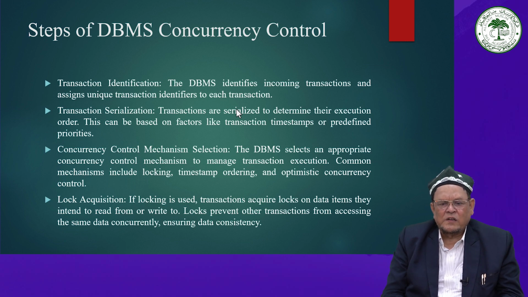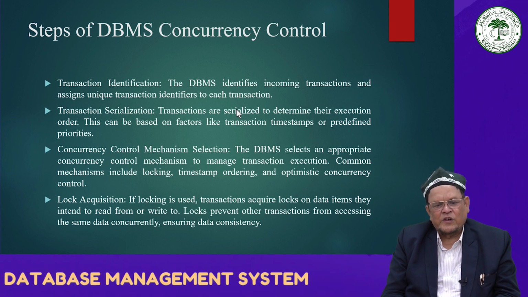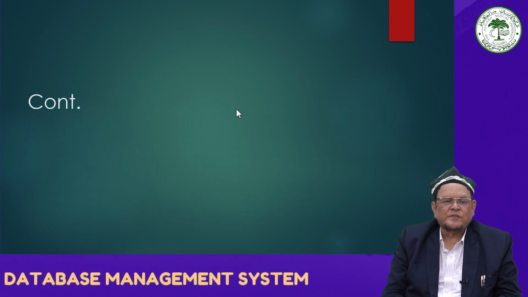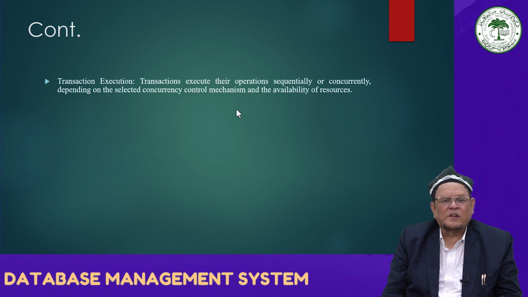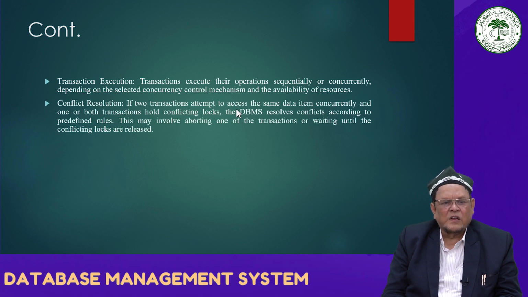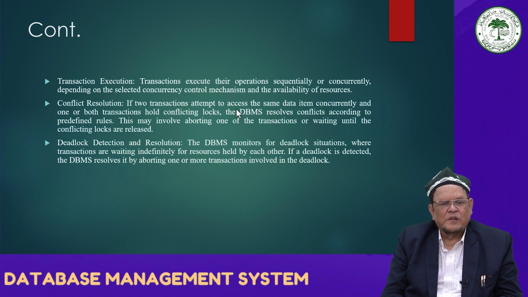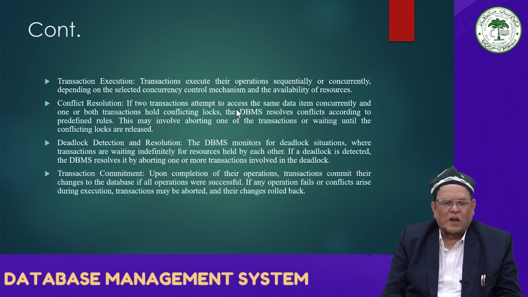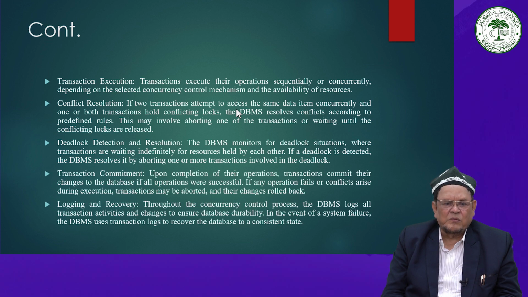Locks prevent other transactions from accessing the same data concurrently, ensuring data consistency. Then transaction execution, then conflict resolution. The last are deadlock detection and resolution, and transaction commitment, logging and recovery.